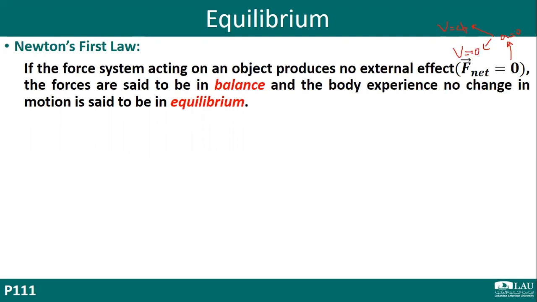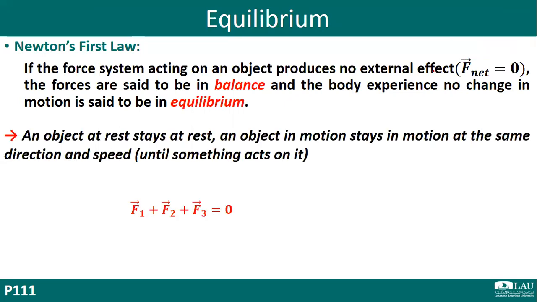When V is zero, the system is at rest. When V is constant, we have an object moving with a constant velocity. In this case, we say that our system is in equilibrium. We are not applying any change to the motion, and the forces are balanced.